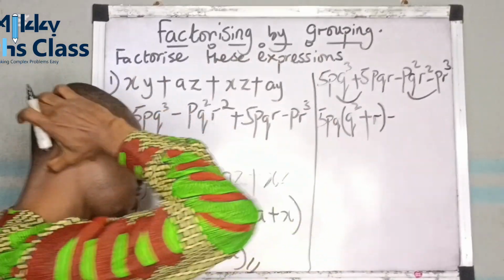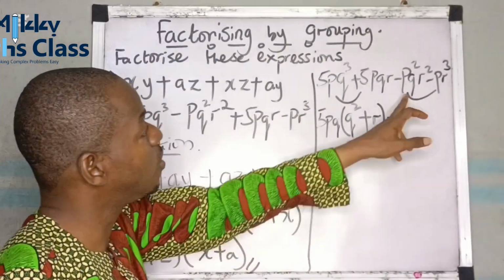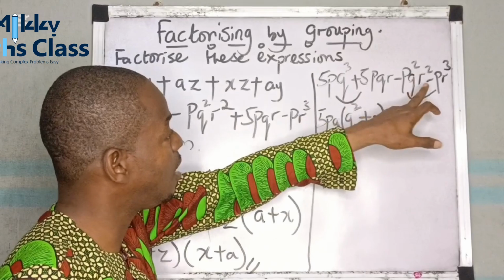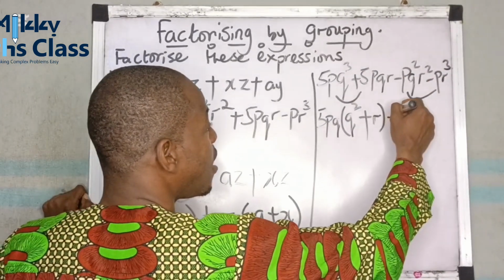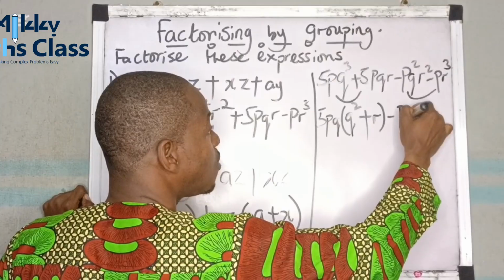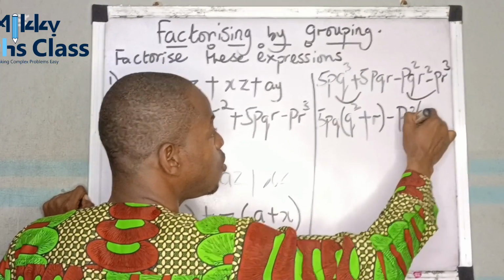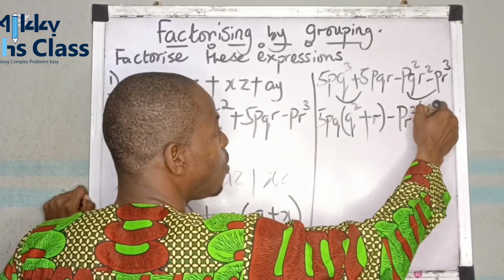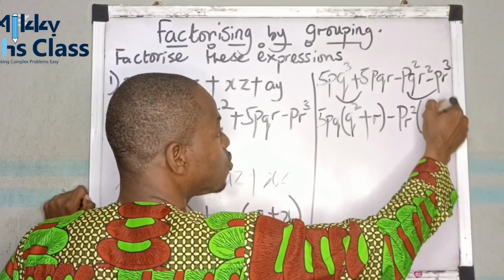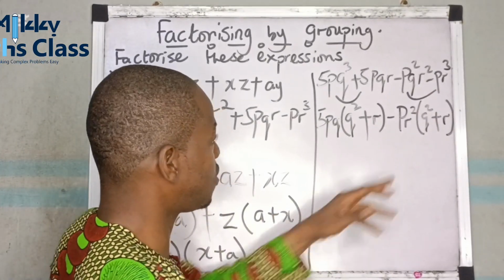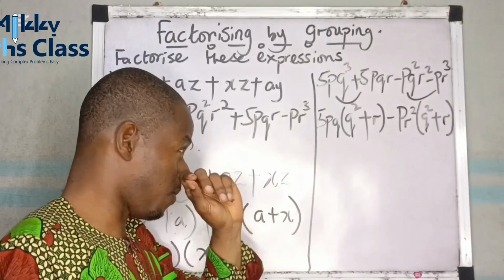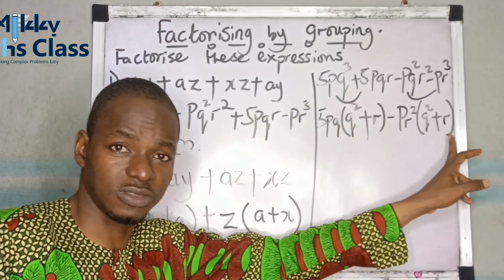Now minus, what's common between these two? I can see my p here. I can see my r squared. So I have pr squared into brackets. I'm left with my q squared plus my r, 1r, because this is r to the power of 3. Now, whatever is here must be what is here.